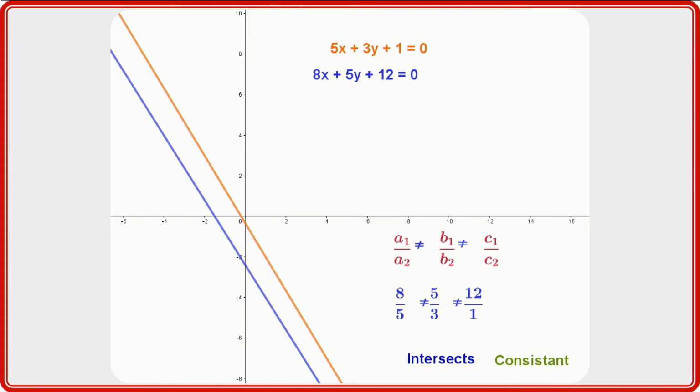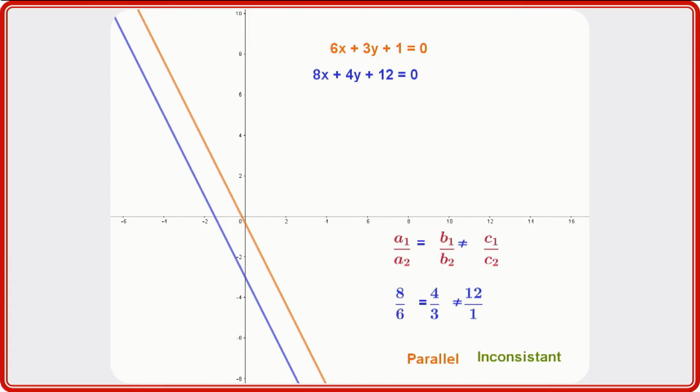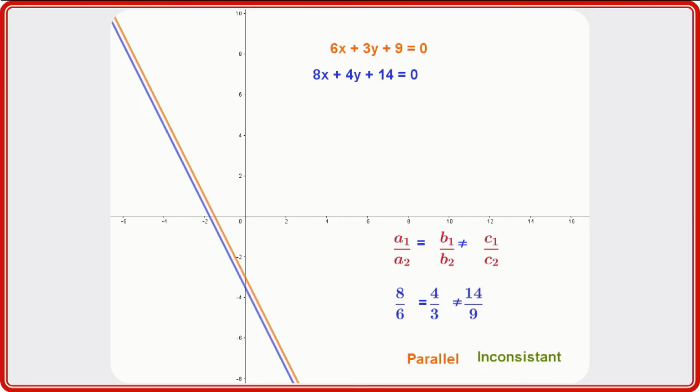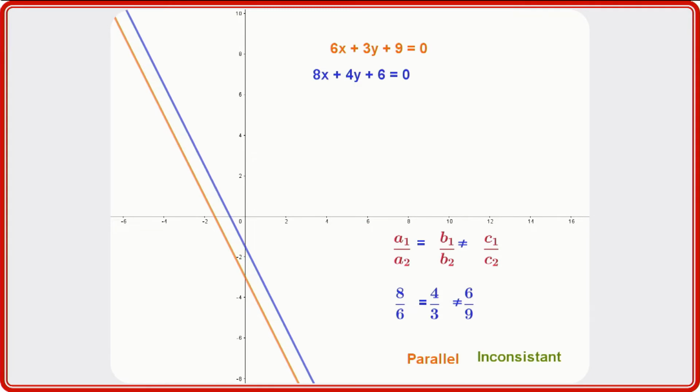When they are parallel, a1 by a2 is equal to b1 by b2, not equal to c1 by c2, then only these two lines are parallel and they have inconsistent solutions. When they coincide with one another, a1 by a2 is equal to b1 by b2 is equal to c1 by c2, then only these two equations will coincide.